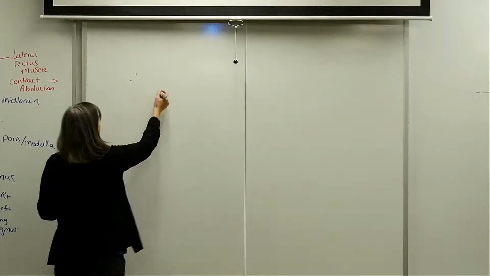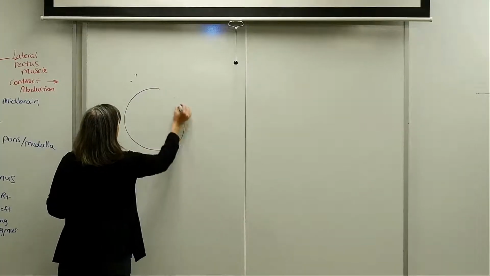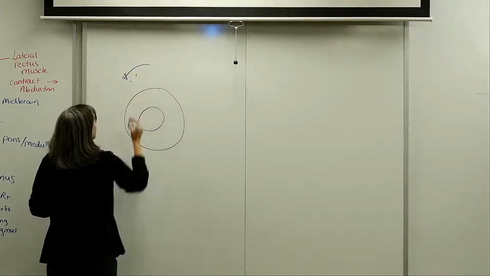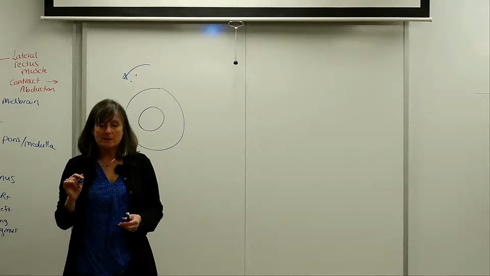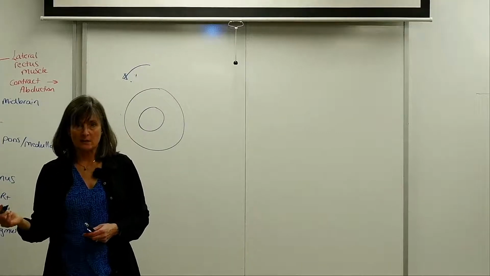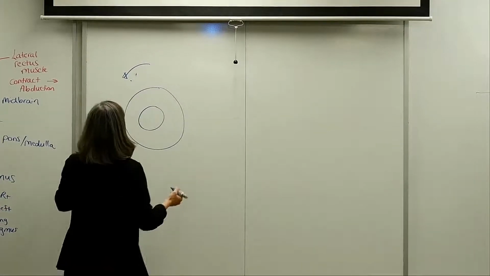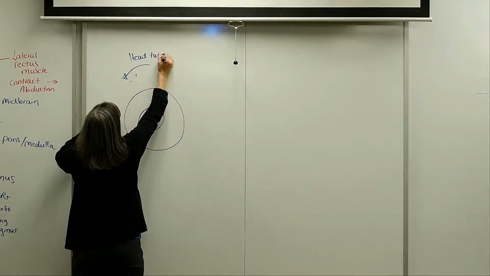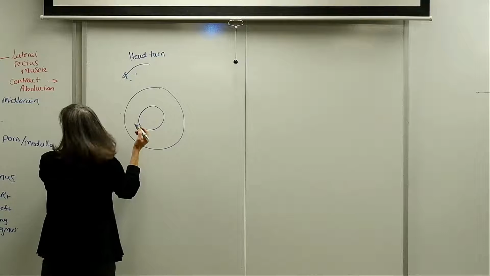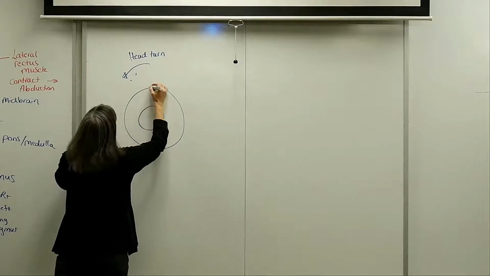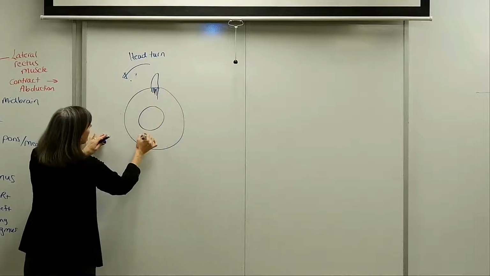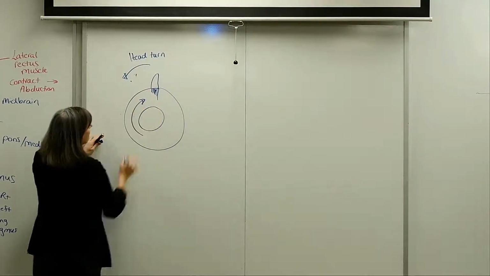So if we have a horizontal semicircular canal and a head turned to the left, remember our vestibular system responds to acceleration, not necessarily velocity, but acceleration. So if we have a head turn, initially we're going to get that endolymph lagging and going opposite, okay?